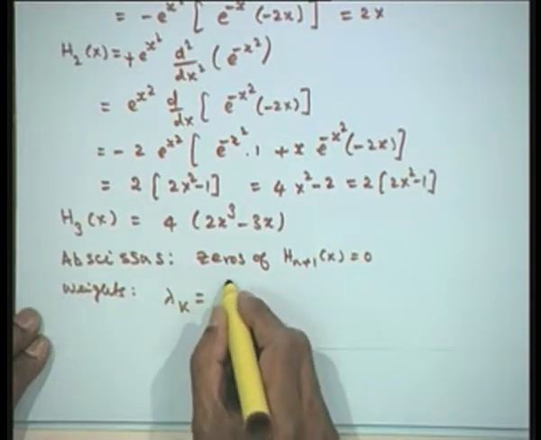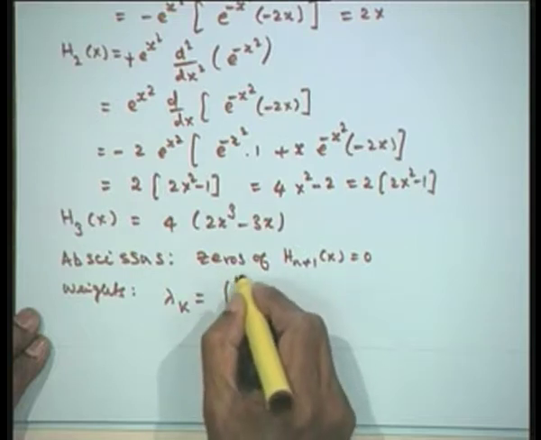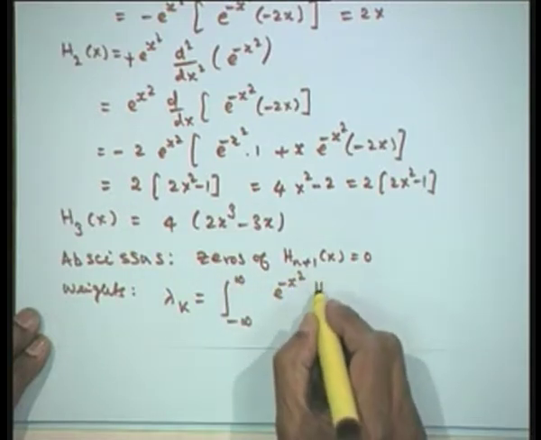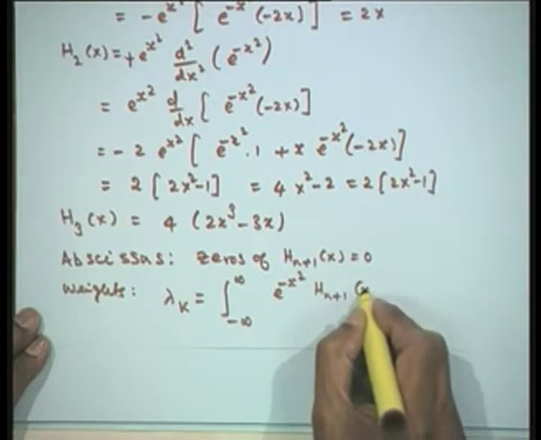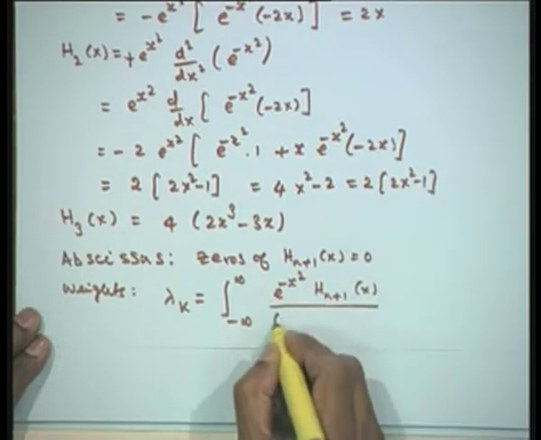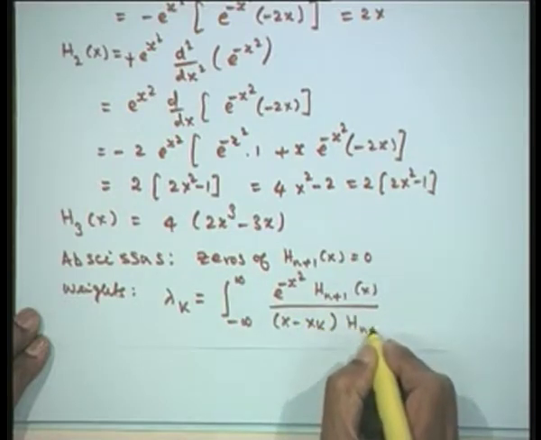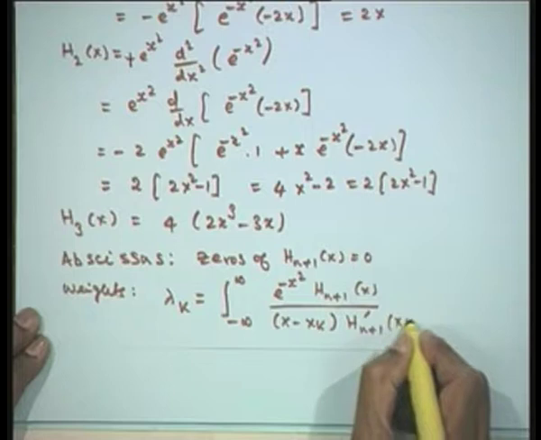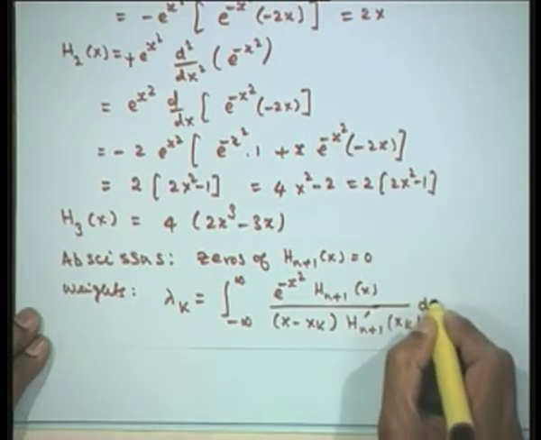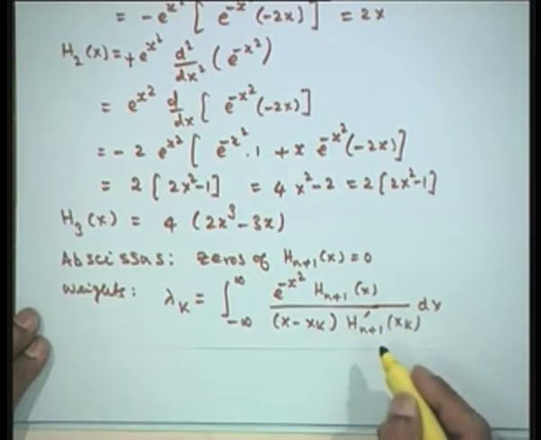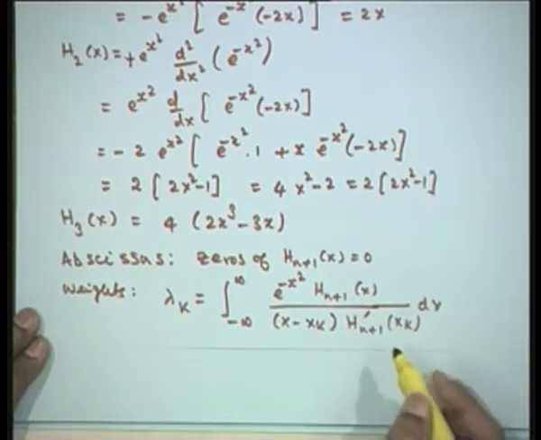So, lambda k will be the integral from minus infinity to infinity of the weight function exponential of minus x squared h n plus 1 x divided by x minus x k into derivative of h n plus 1 at x k dx. So, these will be the weights for the Gauss-Hermite quadrature rule.